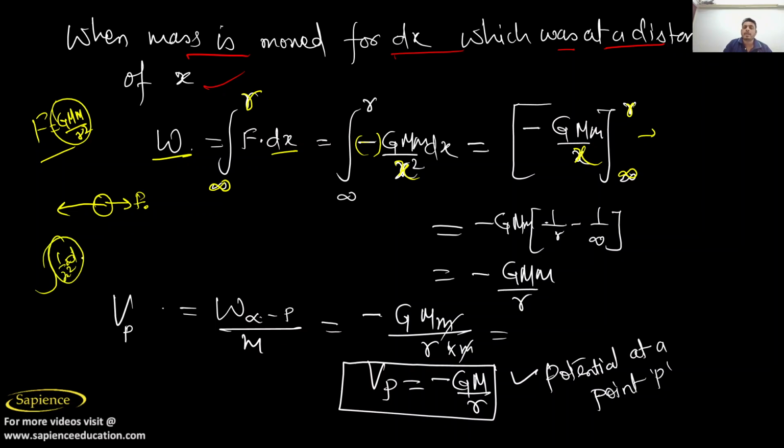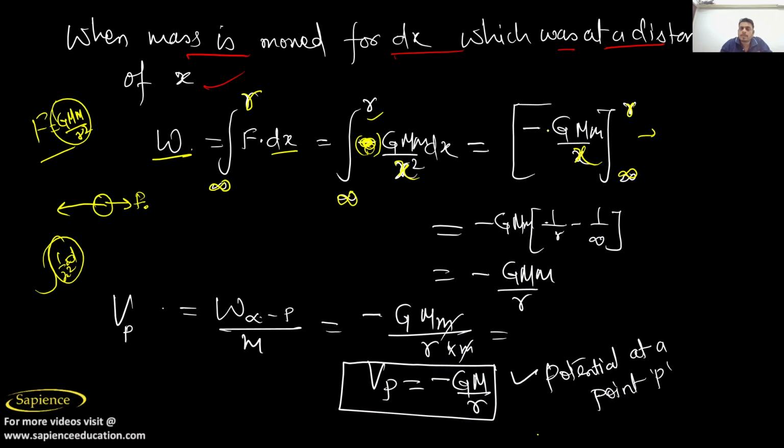Here, this is not a minus sign. So in place of force, you have to apply G capital M into small m by x square from infinity to R into dx.